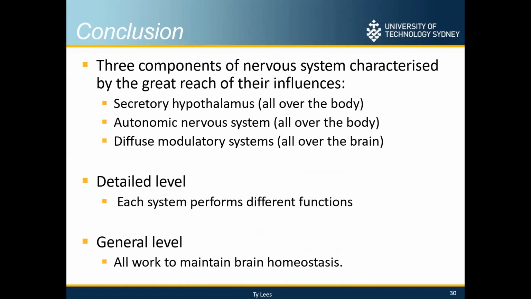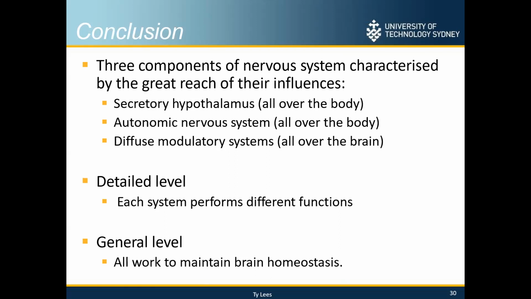So just to conclude, the brain interacts with the rest of the body through 3 channels. So you've got the secretory hypothalamus, which leads to the release of hormones, the autonomic nervous system, which has the neuronal innervation all over the body.